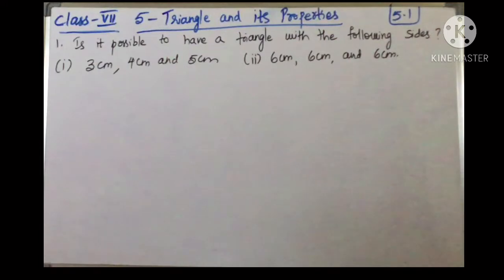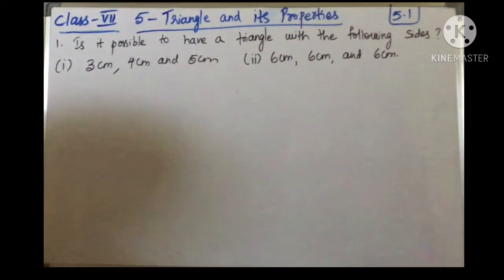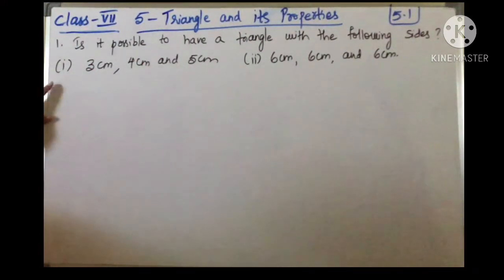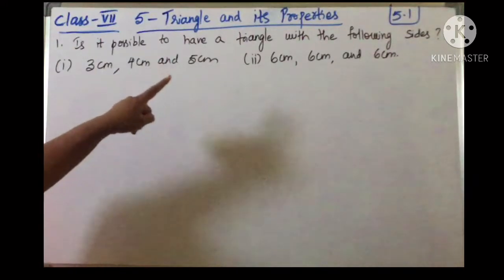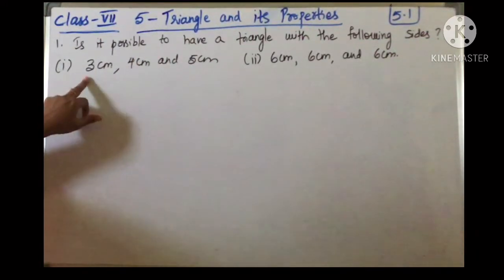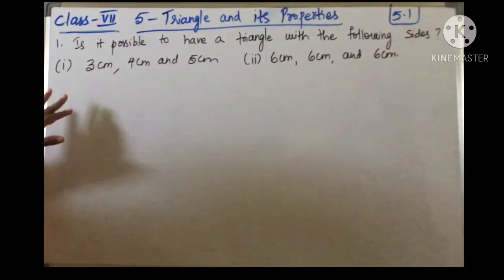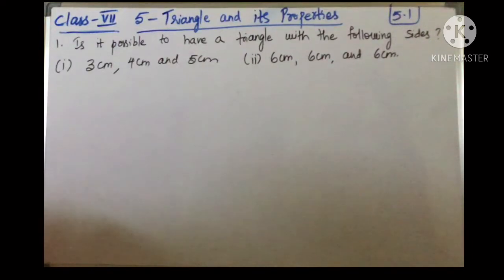Now, based on the properties of sides of a triangle, we are going to do exercise 1 of the 5th chapter, triangle and its properties. Coming to the first question: is it possible to have a triangle with the following sides? Here they have given 3 centimeters, 4 centimeters and 5 centimeters. We have to check whether a triangle is possible or not by using properties, children.